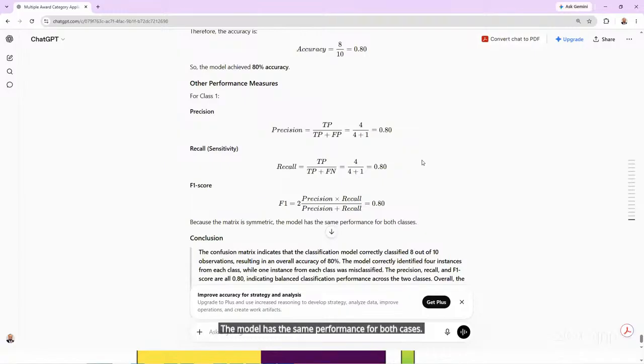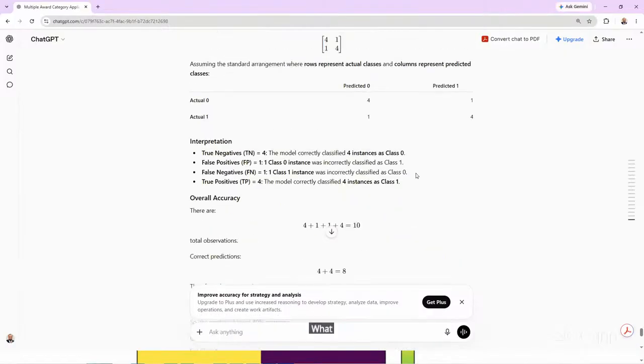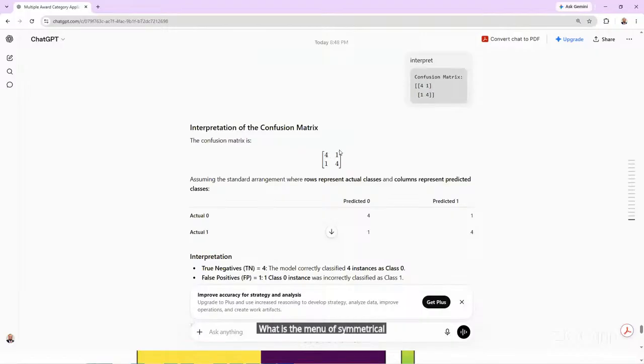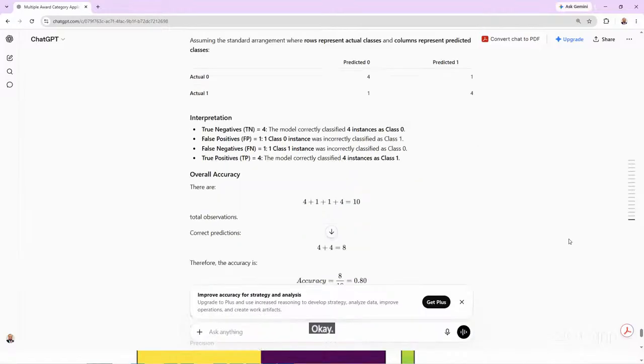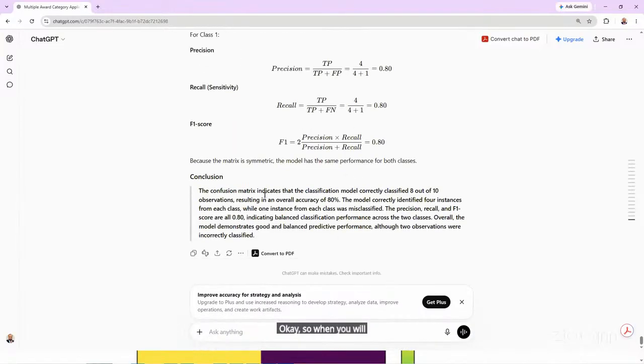When you see the confusion matrix, it is symmetrical. What is the meaning of symmetrical? This value and this value. When you see the symmetric values, about this diagonal, the values are the same. Now when you come to the conclusion, this is important.